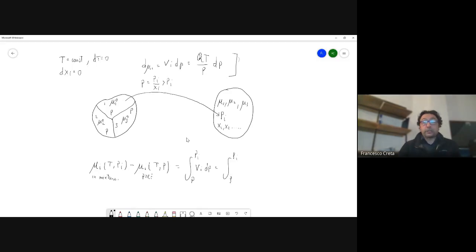which is RT over P dP, which is equal to, RT is a constant, because clearly we're keeping T constant.